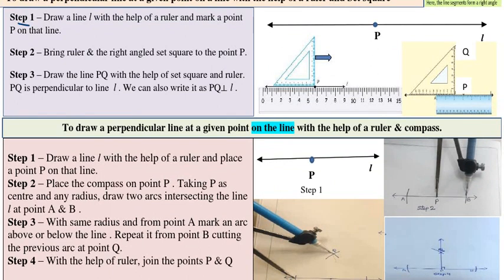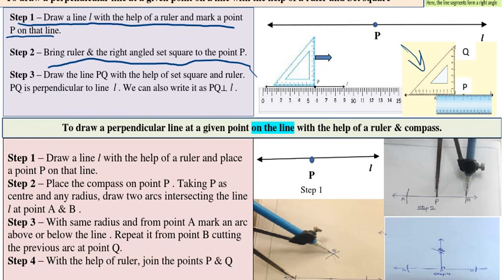Step 1 is to draw a line L with the help of a ruler and mark a point P on that line. You can see we have drawn this line L and marked the point P. Now bring the ruler and right angle set square to point P like this. You can see this in this step, and simply draw the line PQ with the help of your set square and the ruler.